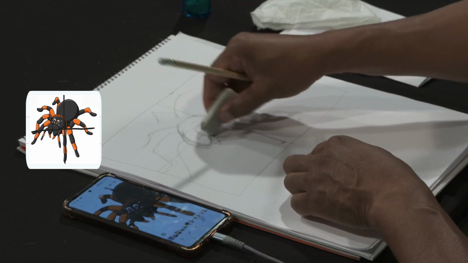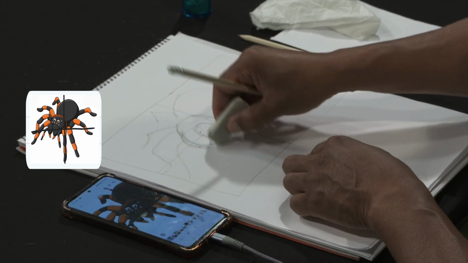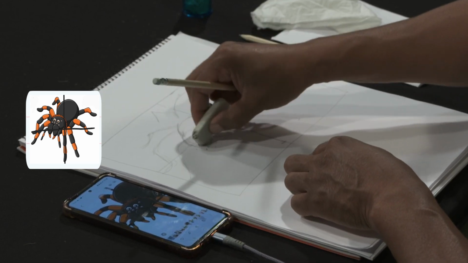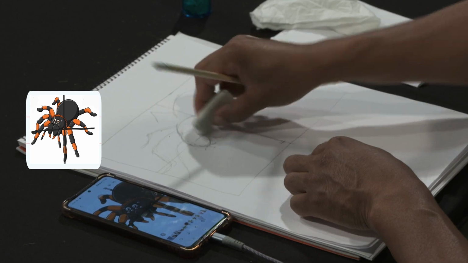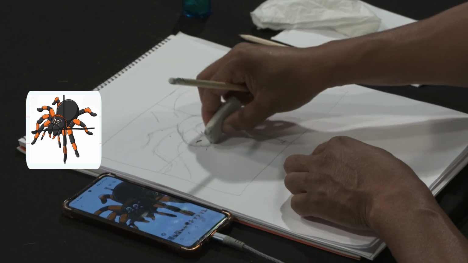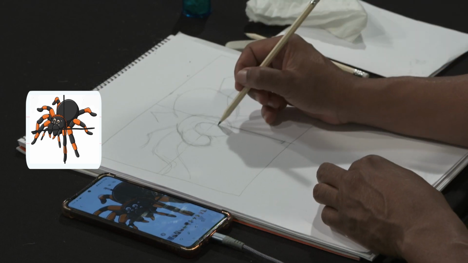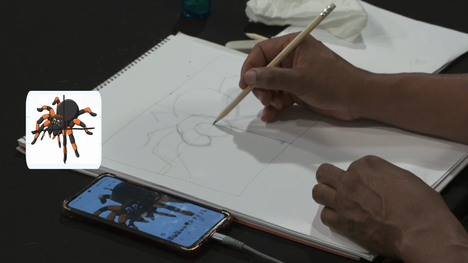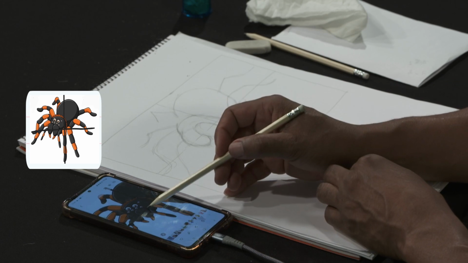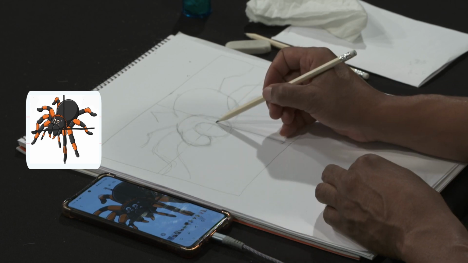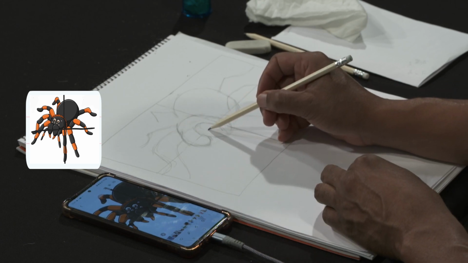Okay, let's just get rid of some of these middle lines. Here like this. Okay, let's get rid of some of those lines there. Use your tissue to get rid of the flakes or the rubber. Okay, and then we're gonna see again, this part of his mandible is too close to the middle line. It should be about here somewhere.